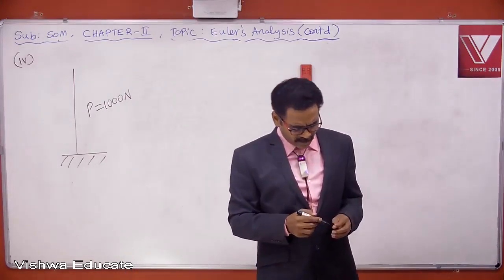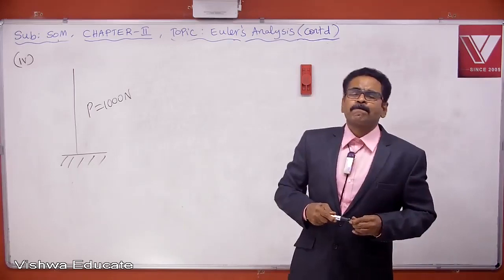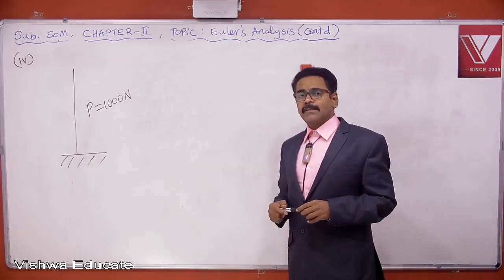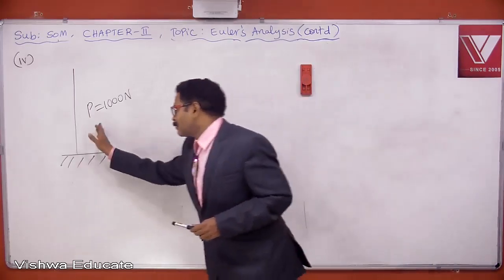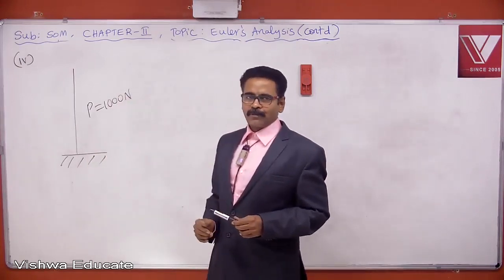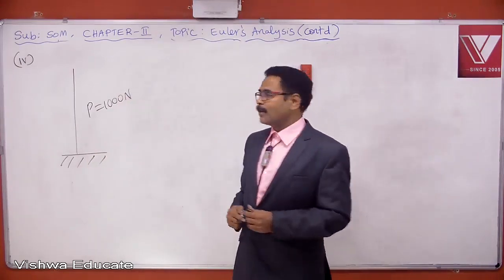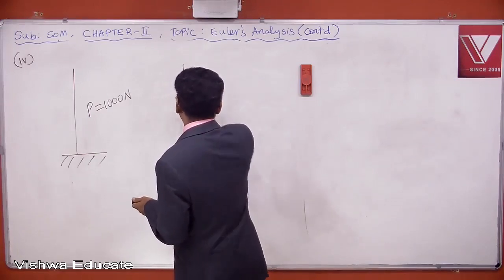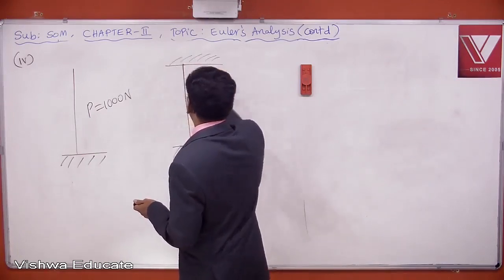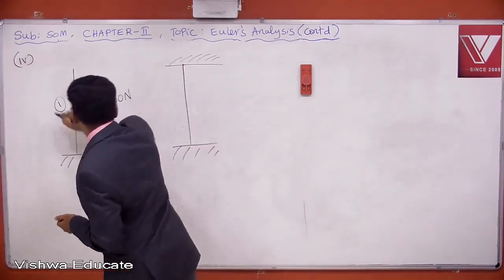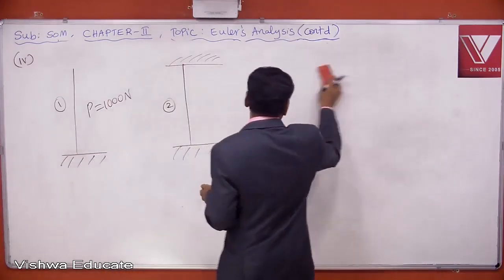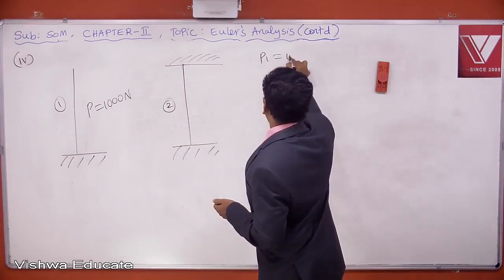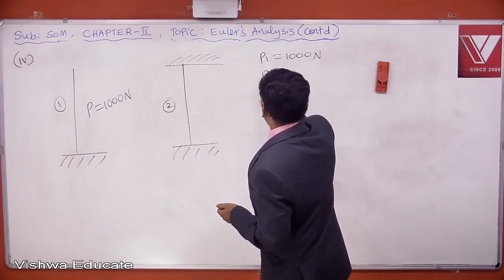Critical load of this column is 1000 newtons. If the other end is also fixed, what is the critical load? Maybe this is the first column, this is the second column. P1 is equal to 1000 newtons, what is P2?